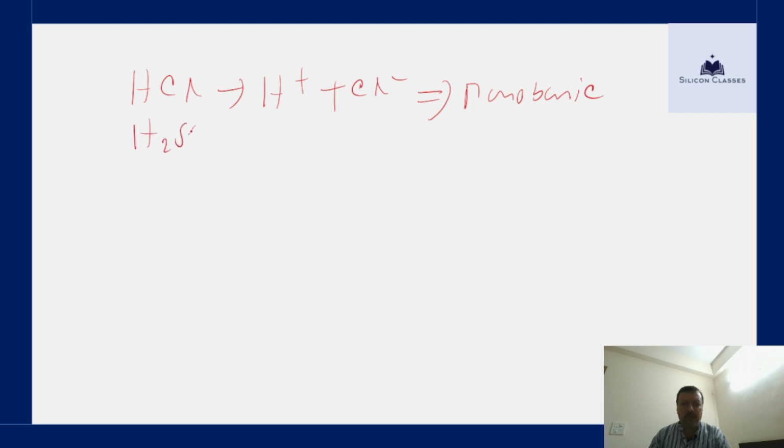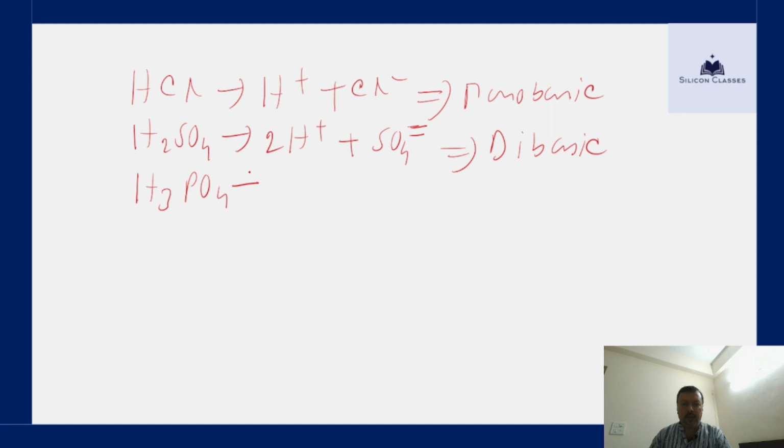Sulfuric acid will form two H plus ions, so it will be called dibasic acid. Phosphoric acid will form 3 H plus ions, so it is called tribasic acid.